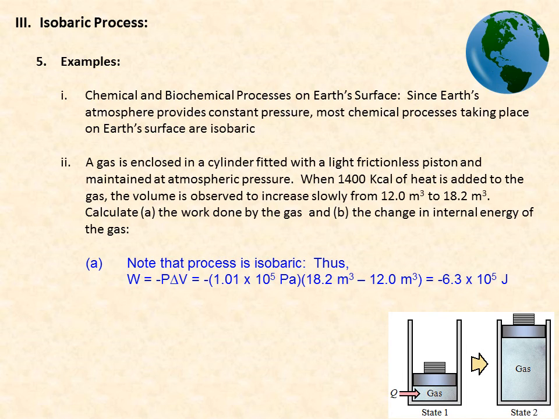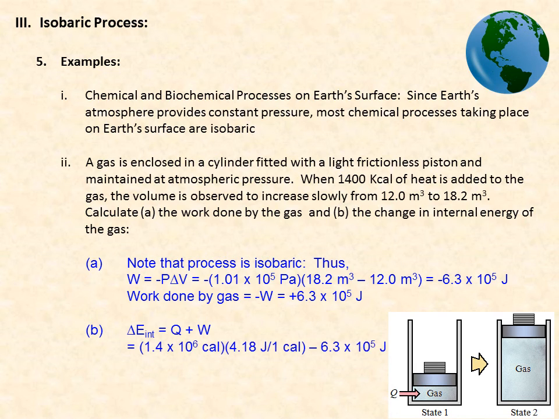We get a negative value for the work done on the gas, which, said another way, the work done by the gas is the opposite of that, which is positive, or a positive 6.3 times 10 to the 5th joules. So as that gas expands, the piston ends up doing work on the environment in the amount of 6.3 times 10 to the 5th joules. To calculate the change in internal energy of the gas, we use the first law.